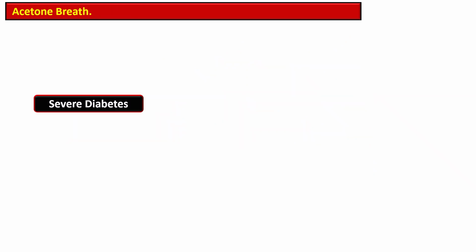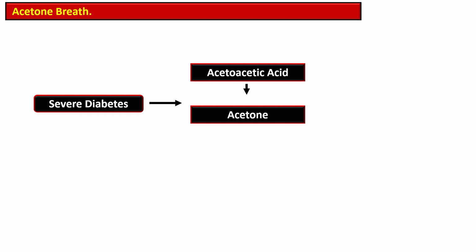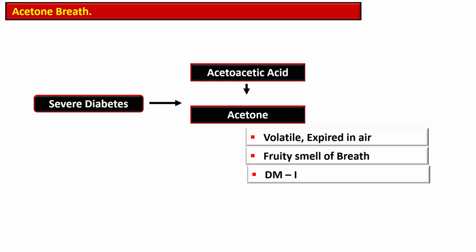Acetone breath is a significant clinical indicator of ketoacidosis, commonly associated with type 1 diabetes mellitus. In severe diabetes, there is increased fat breakdown due to lack of insulin or severe insulin resistance. This results in excessive formation of ketone bodies or keto acids, acetoacetic acid and beta hydroxybutyric acid.